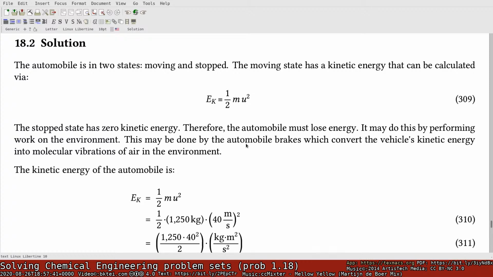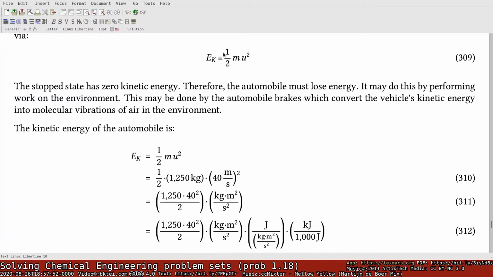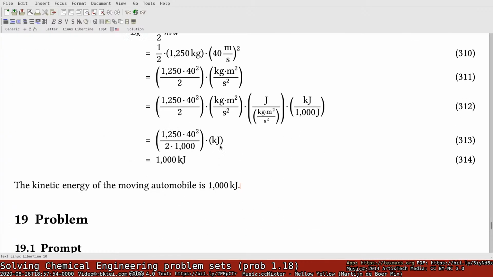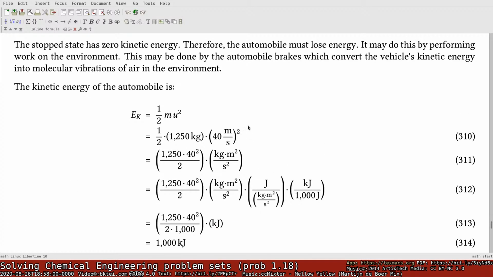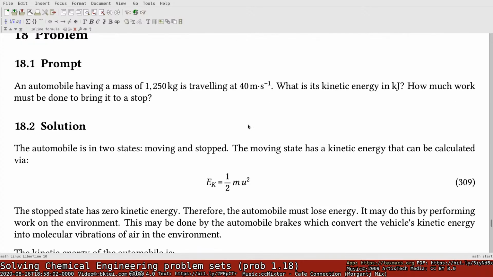The automobile is a heater for the environment. That's the work it's doing. It's heating. And if you convert all the kinetic energy into heat, then that is the work done. It's going to be 1,000 kilojoules because that's the kinetic energy available to do the work, at 100% efficiency, I guess.